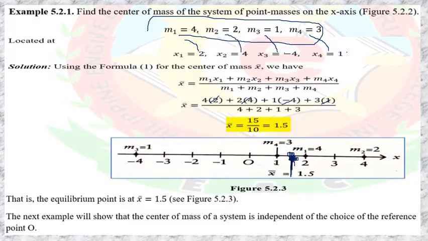Tapos, ito yung supported na knife edge rather. Okay, that is, the equilibrium point is at x bar equals 1.5. The next example will show that the center of mass of a system is independent of the choice of the reference point O.